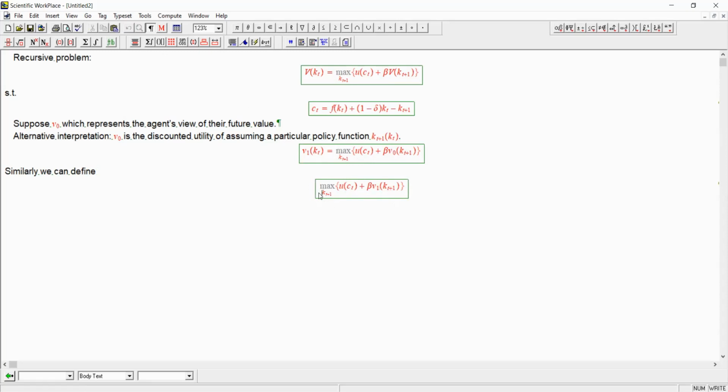Then we could define V2 of kt in a similar way. Similarly, we can define V3 if our view of the future is V2 and so on. You could do this as many times as you like. And that's exactly what we want to do.